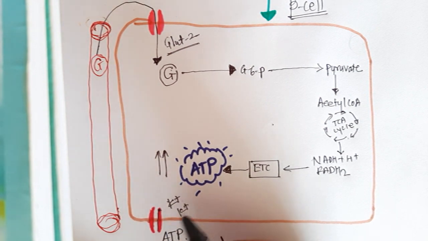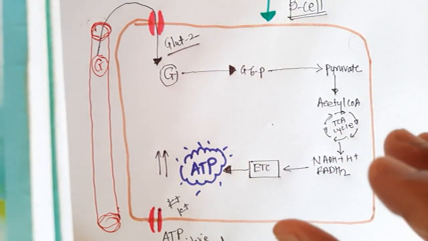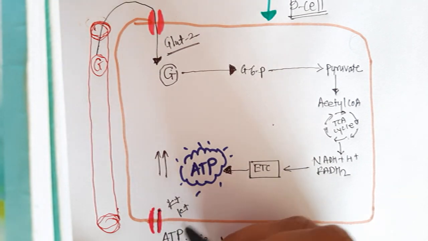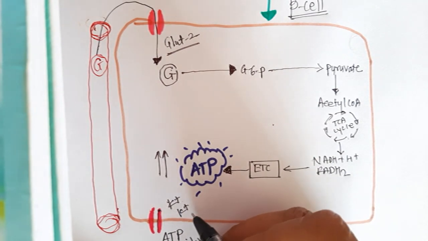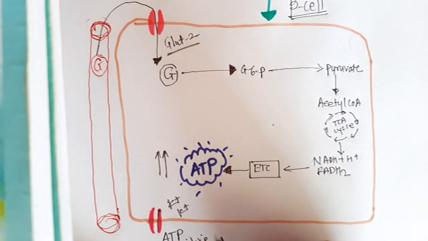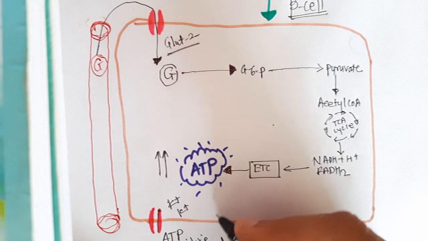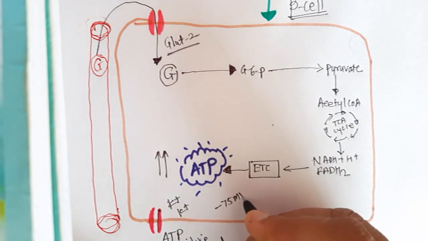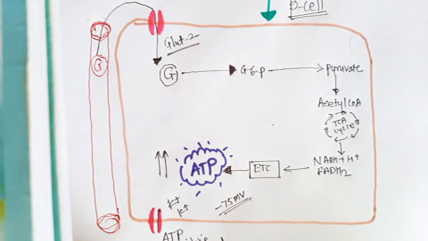The potassium concentration in the cell is higher, so there is free movement of potassium ions across the membrane, and because of this there is a normal resting membrane potential of about minus 75 millivolt in this beta cell.